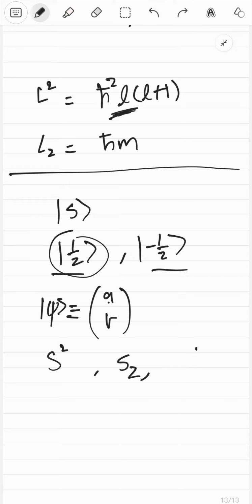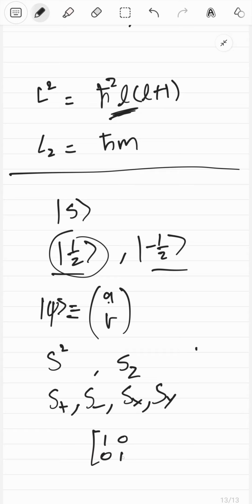So you just have these operators, S plus, S minus, Sx and Sy, and all of these are in fact not compatible with these. But anyway, S squared in this case is just given as this matrix, 1 0 0 1, times 3 upon 4 h bar squared.